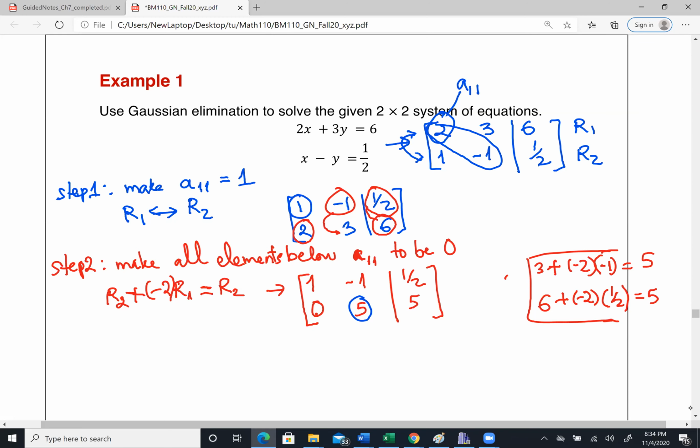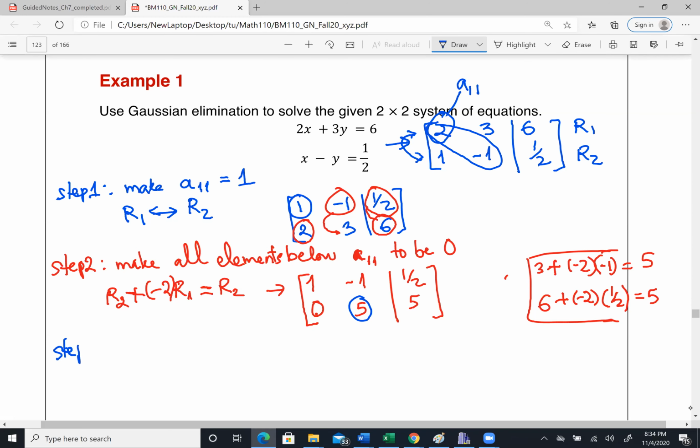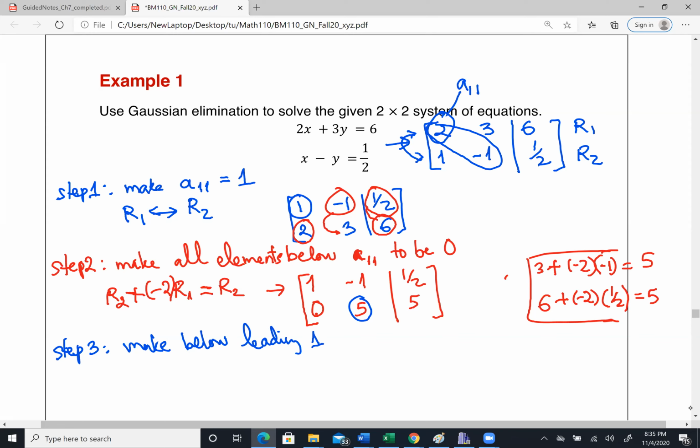Okay, so step 3: make the leading one. How can I do that?